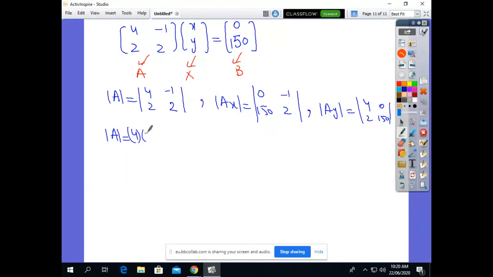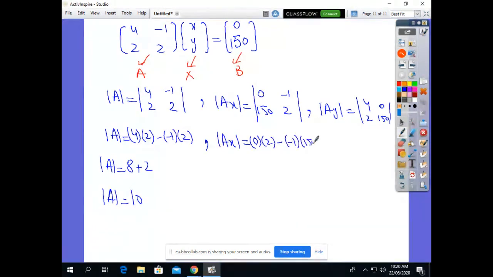Now solve for the determinant of matrix A. It becomes 4 into 2, minus negative 1 into 2. After simplification we get 8 plus 2. That is, the determinant of A becomes 10. Similarly, for AX, we multiply 0 with 2, minus negative 1 with 150, which becomes 0 plus 150, that is, AX becomes 150.